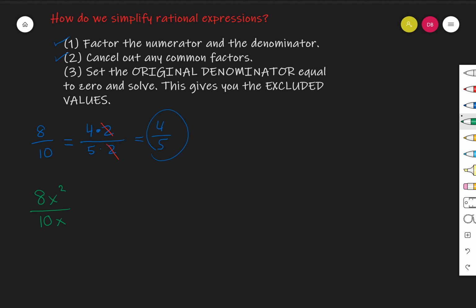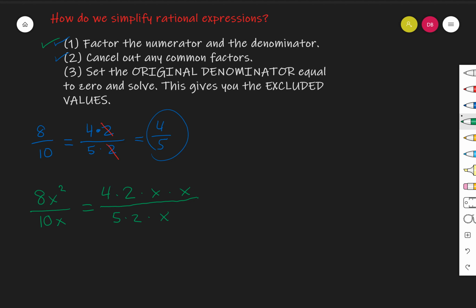Okay, so we do the same thing. First, we'll factor the numerator and the denominator. If we want to factor 8x squared, we could do 4 times 2 times x times x. And if we wanted to factor the denominator, we could write it as 5 times 2 times x. So there's step 1. Factor the numerator and the denominator.